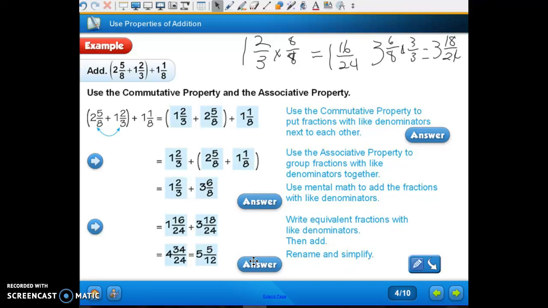So if we subtract, take 24/24 away from that, that leaves us 5 and 10/24. We can divide each of those by 2 to get what they gave us here, 5 and 12/24, or 5 and 5/12, sorry.